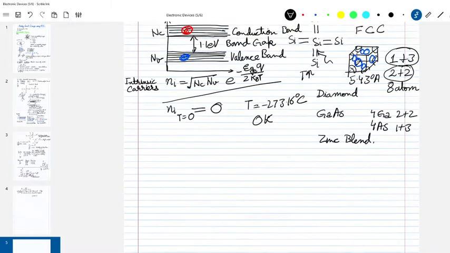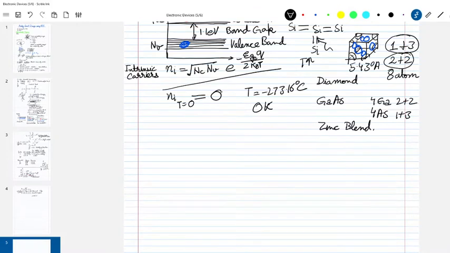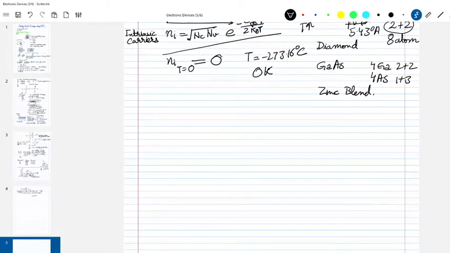One thing to observe here is that intrinsic carriers are a strong function of T.